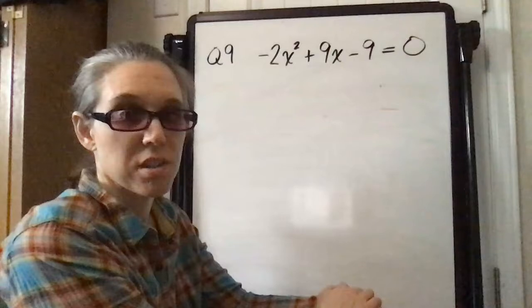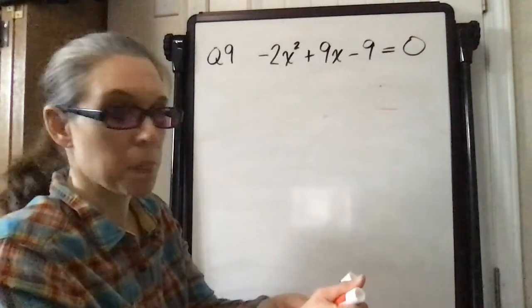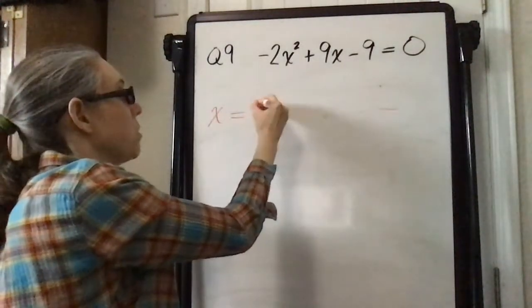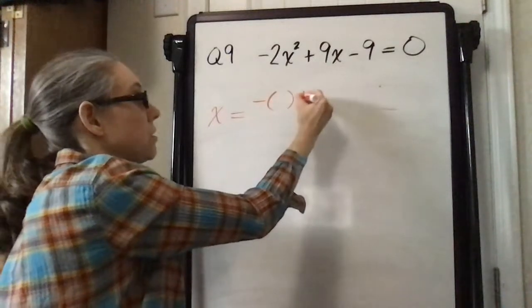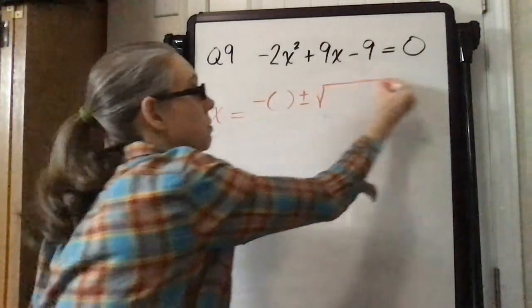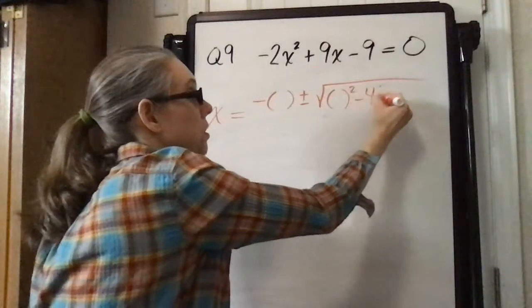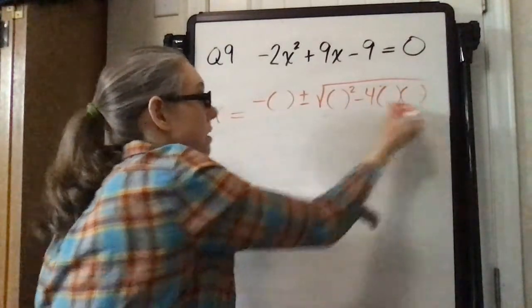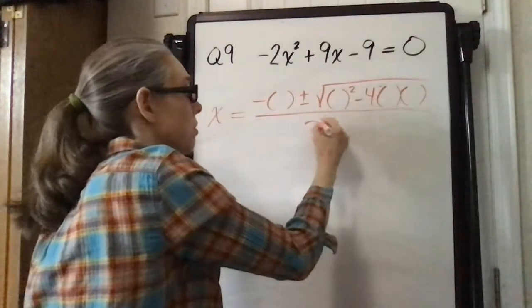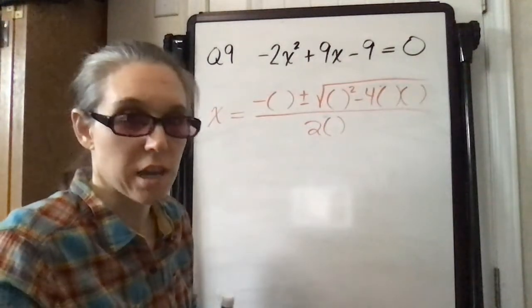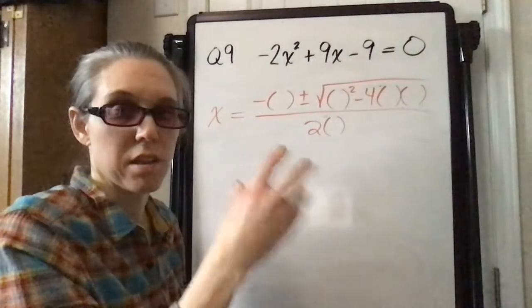So here is question number 9 from my open math. X equals negative b plus or minus the square root of b squared minus 4ac all over 2a. Okay, here's the quadratic formula, and now I just drop in the letters.